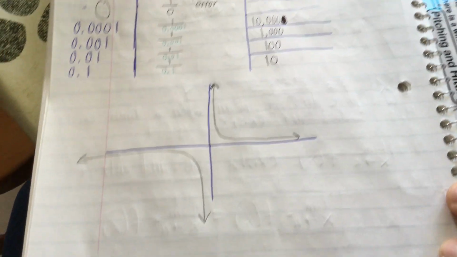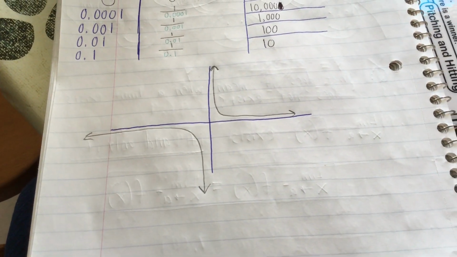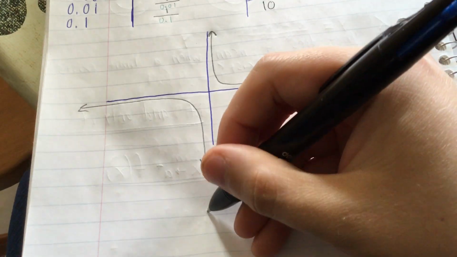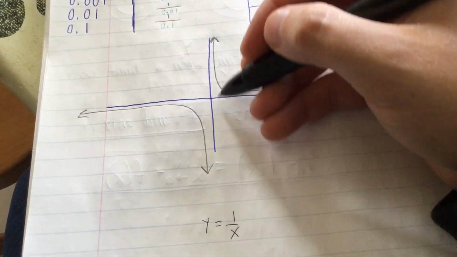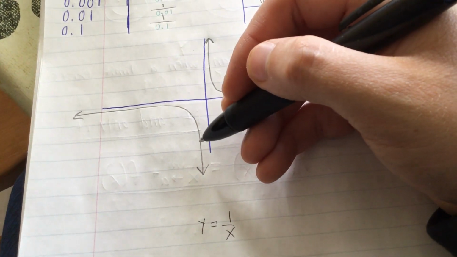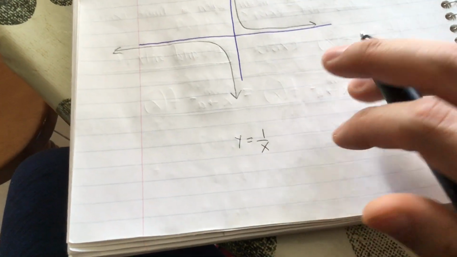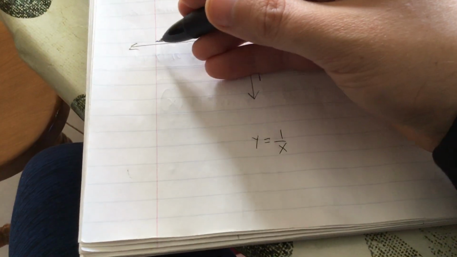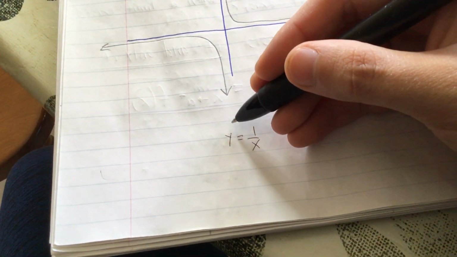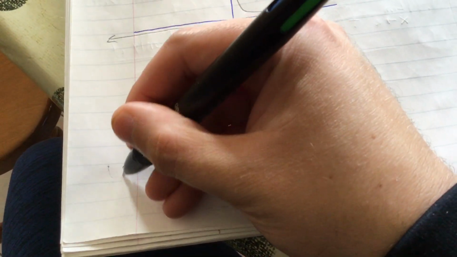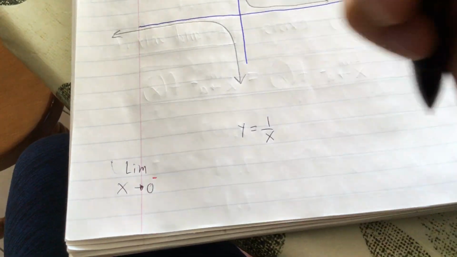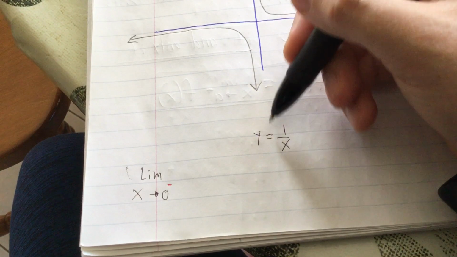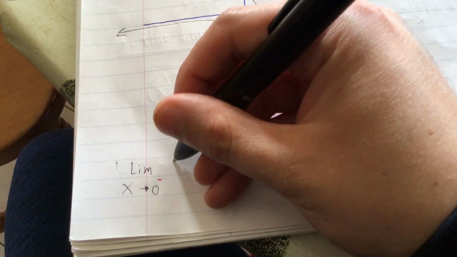Well, I managed to give you a rough graph for y equals 1 over x. And notice that at x equals 0, they go in two different directions. I'm going to make a little note to myself. As I go closer and closer to 0 from the left side, the limit as x approaches 0 from the left side of 1 over x goes down to negative infinity.